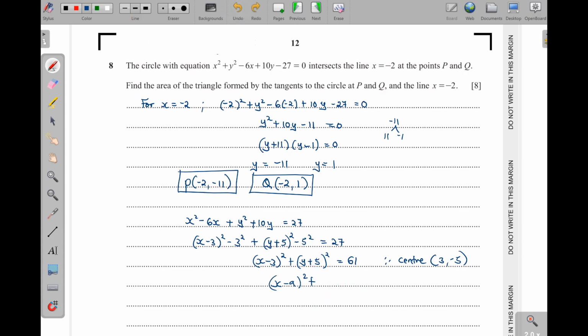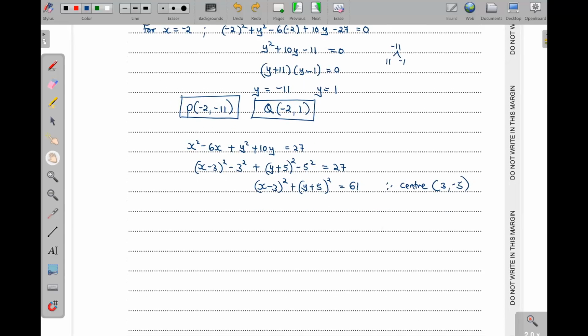So from there, now I can actually do a small sketch here. Let's say we have our circle. This is the circle. Now, after getting this circle here, the center is 3, negative 5. Let us locate where P is.